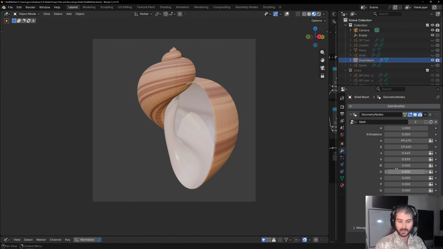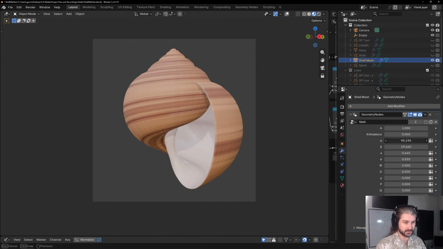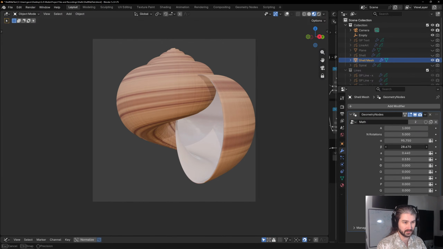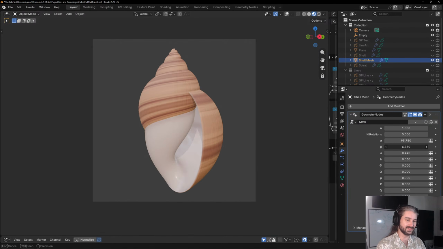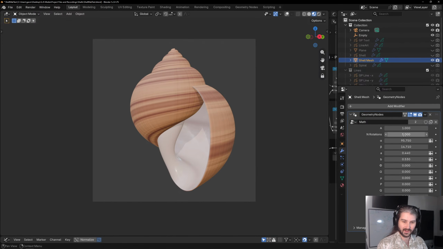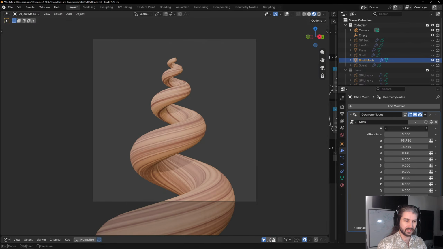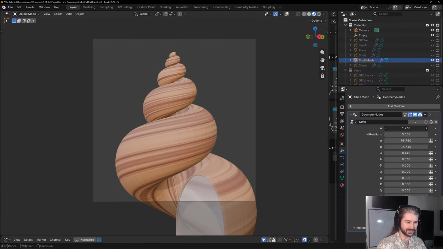If we adjust the alpha, that's how quickly it spirals. We can adjust beta, which is the angle. I'll get into what each of these parameters do in a hot second, but we can adjust all of these so that we can make literally any shell we want to.